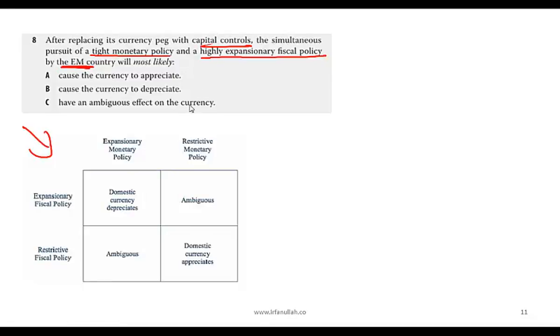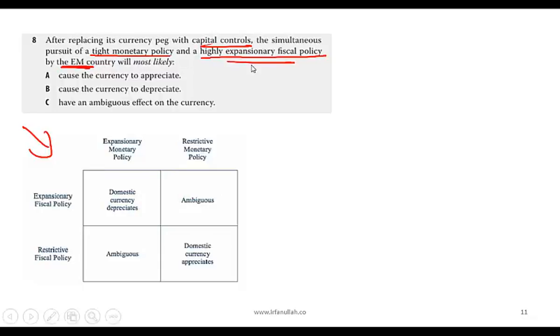The regular video will explain this matrix, but this is different from what we had with capital mobility. Now I want you to remember this, and if this is indeed the case, what will happen?